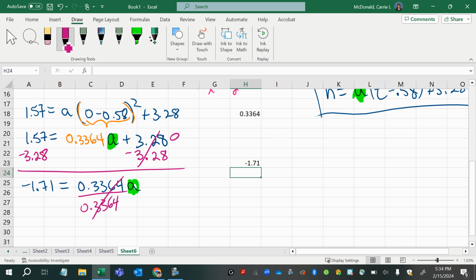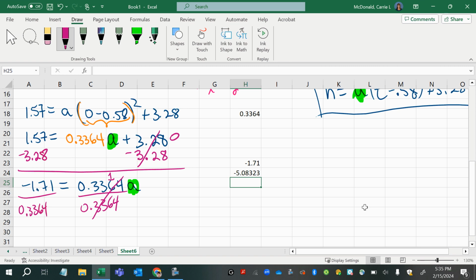So that will become 1a on the right. And when I divide the left side by 0.3364, what do we get from that? Negative 1.71 divided by 0.3364, negative 5.08323.